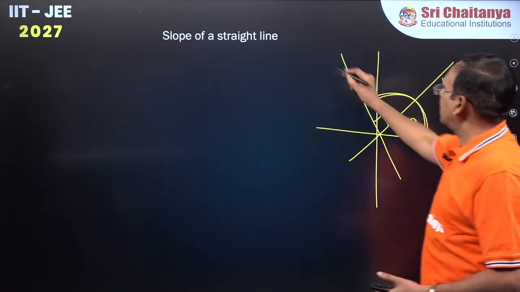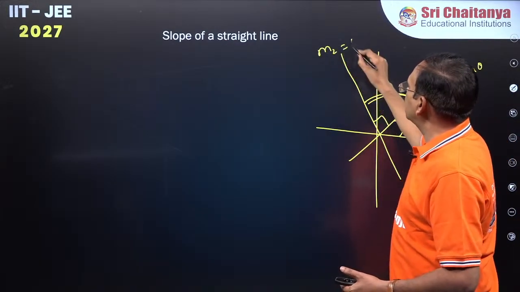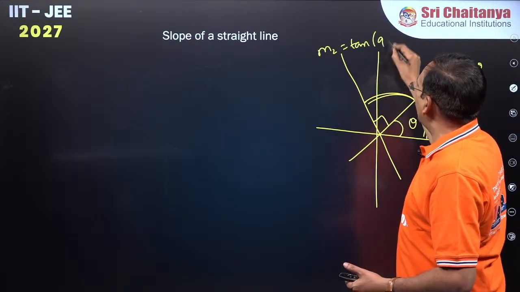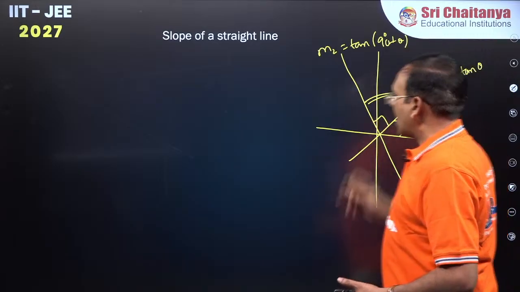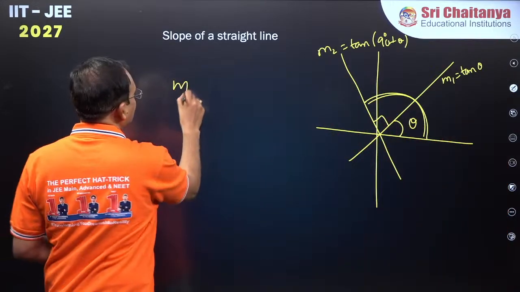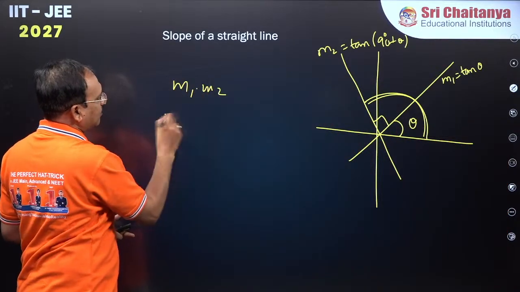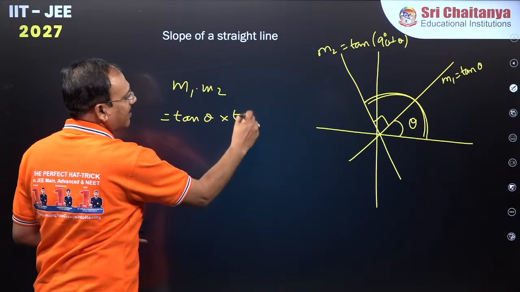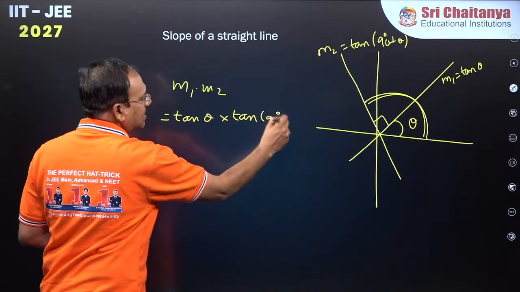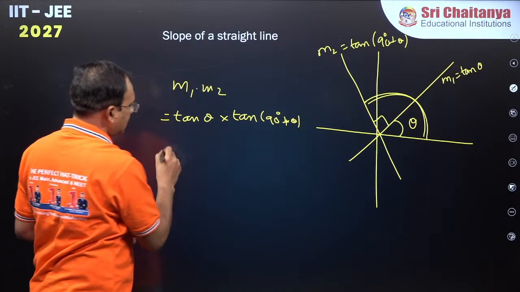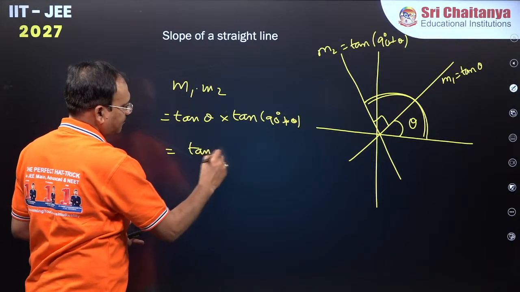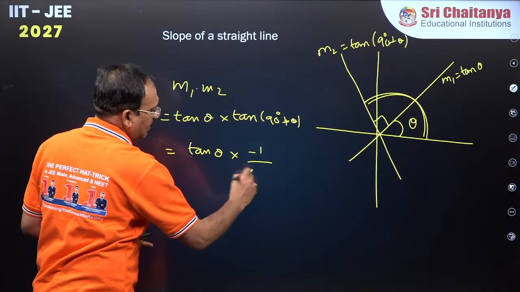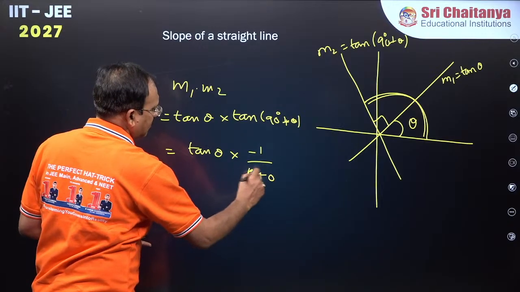90 plus theta, its slope M2 is going to be tan of 90 degrees plus theta, and hence dear students, you just consider M1 into M2. M1 is tan theta, M2 must be tan of 90 degrees plus theta, and hence this is tan theta into minus 1 by tan theta.